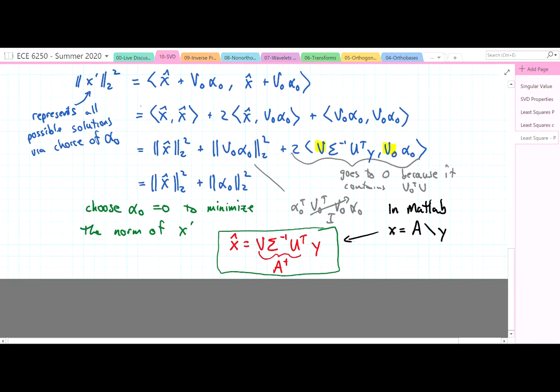And two, this minimizes r and x hat. So that's using the SVD for least squares solution. We'll talk about next time the reconstruction error associated with that.